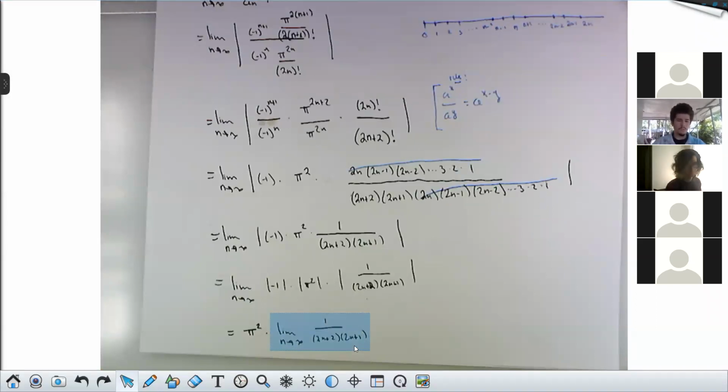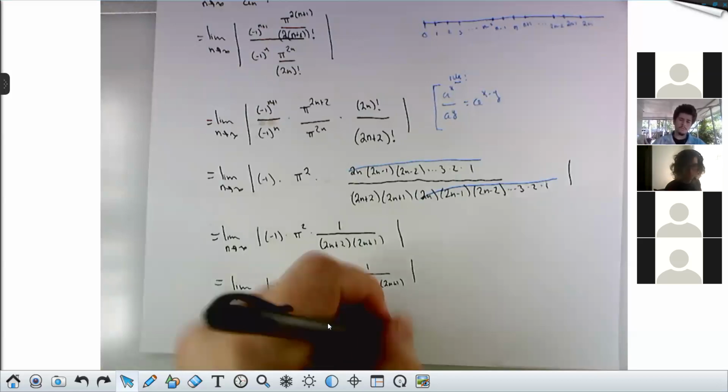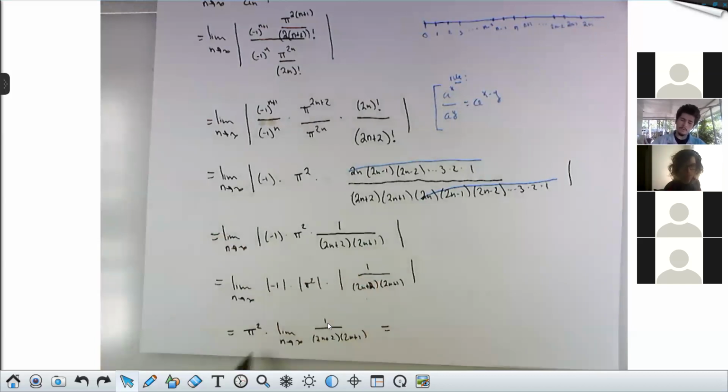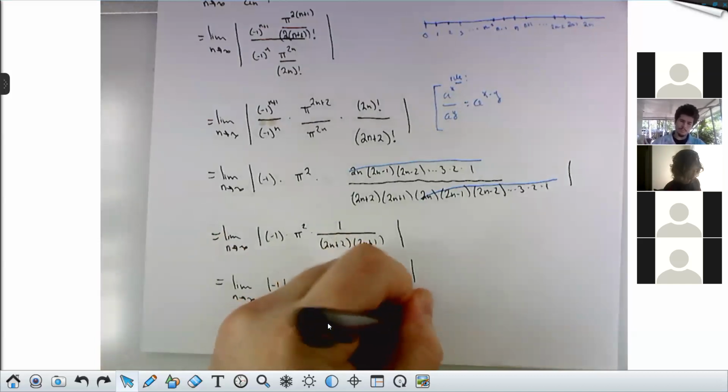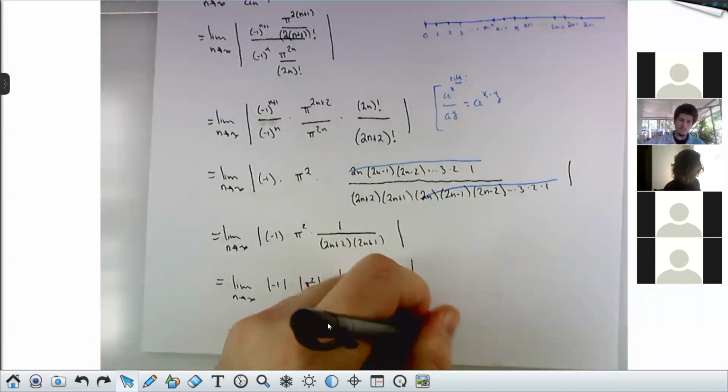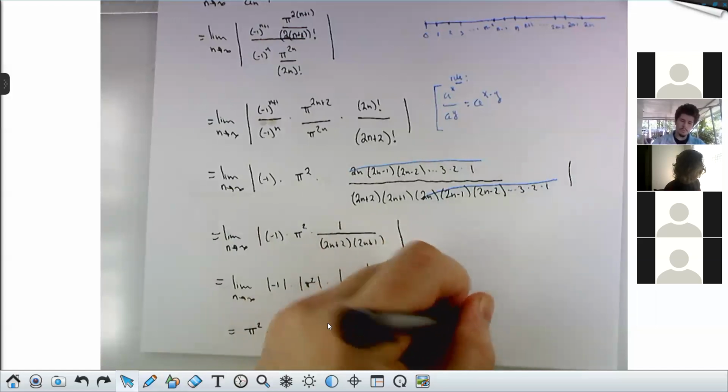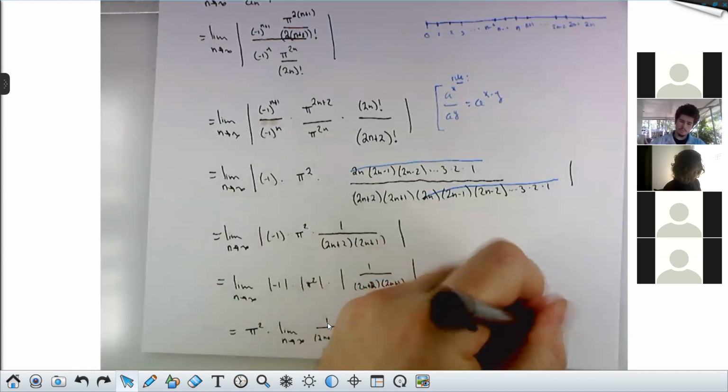This is not a difficult limit. The top is 1, and each of these pieces on their own would go to infinity. So this is 1 over infinity. Or if you want, pi squared times 1 over infinity, which is pi squared times 0, which is 0.